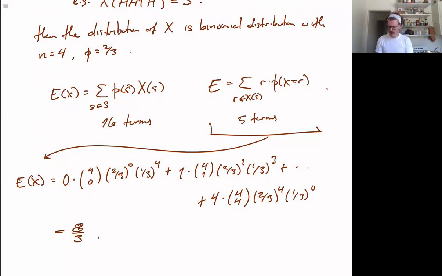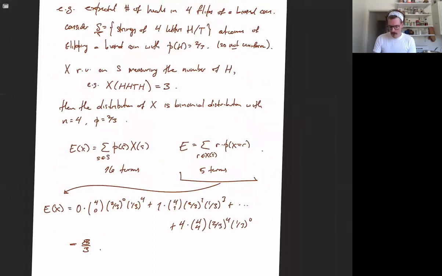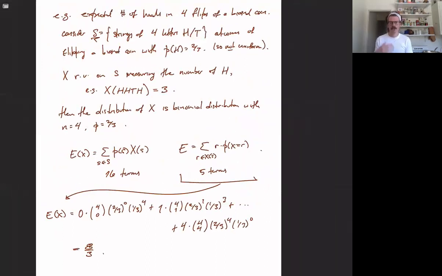But let's take a moment to actually go back and think just intuitively about what we expect in this situation. We have a coin whose probability of heads is 2/3.